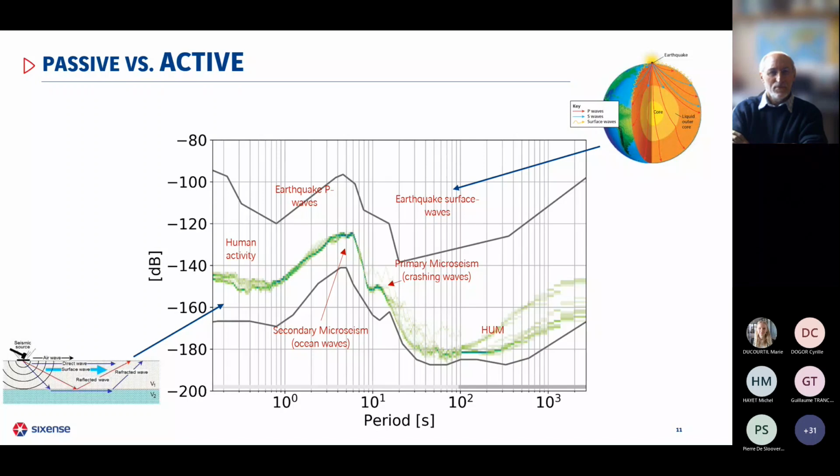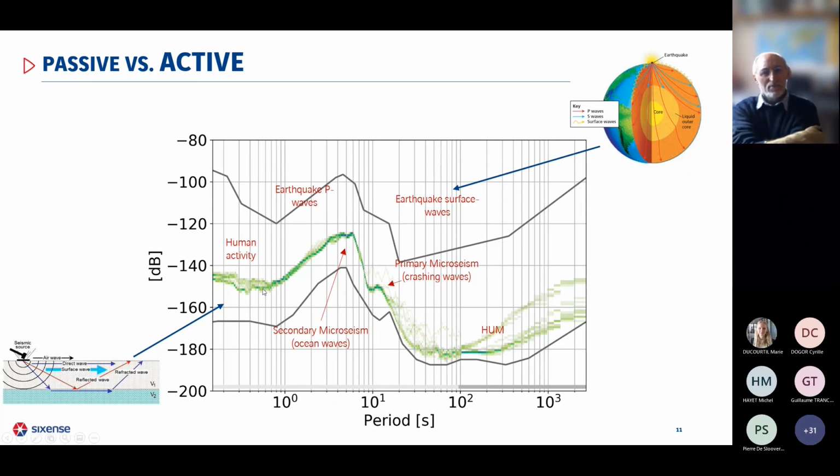On the spectrum, we see signals that are emitted by active sources such as earthquakes. An earthquake signal can propagate deep in the earth, so it could have a large frequency range. We can also see smaller scale active sources such as a hammer, or any type of small scale source that could happen on the surface.